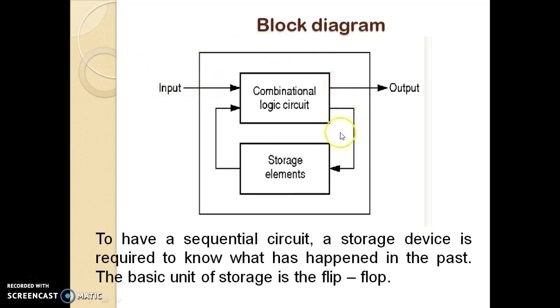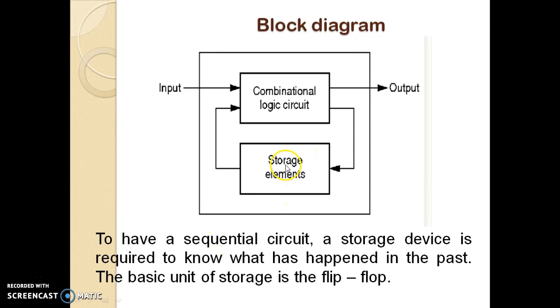This is a block diagram of a sequential logic circuit. The sequential logic circuit consists of a combinational logic circuit block. The input is there and the output is there, while in a feedback path we have a storage element, which is nothing but a memory element.